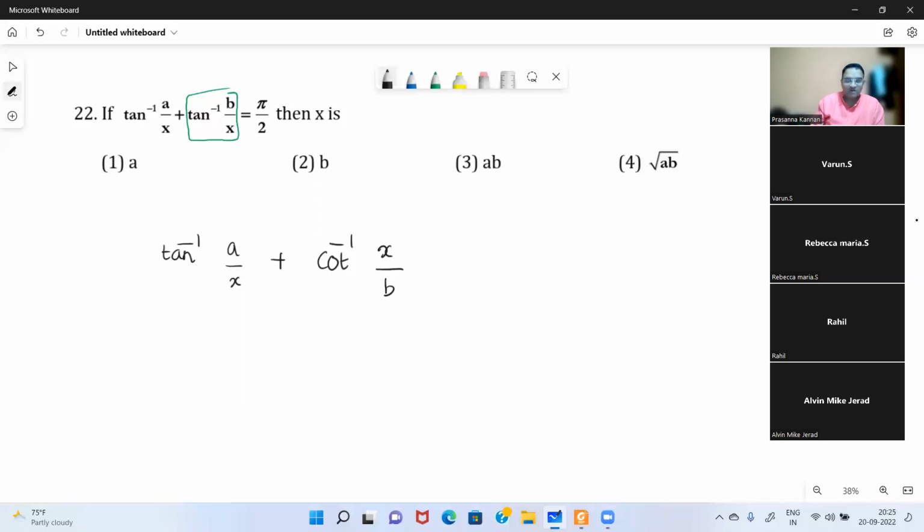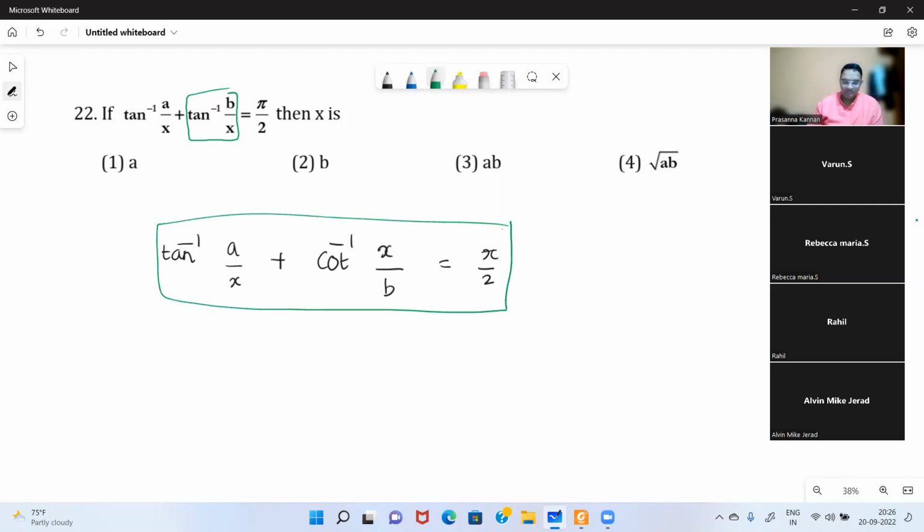Tan inverse of x can be written as cot inverse of 1 by x. So tan inverse of b by x can be written as cot inverse of x by b. And that is equal to what was given, pi by 2.